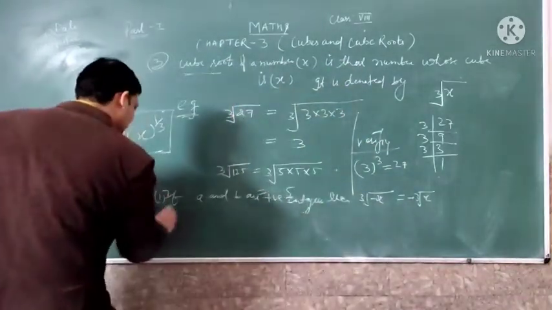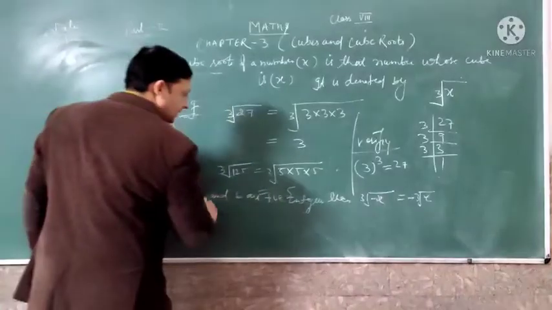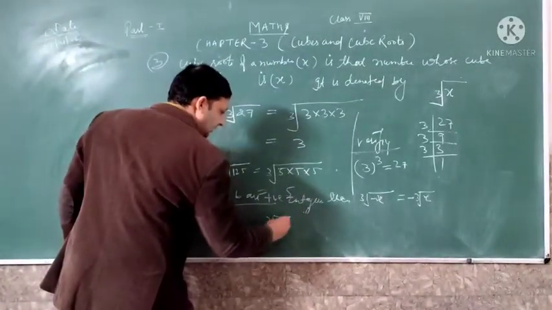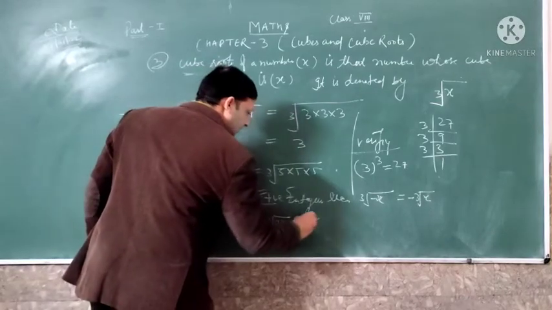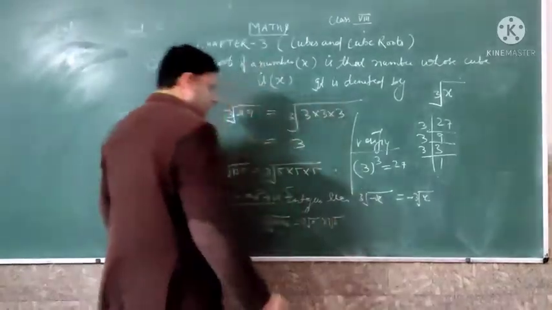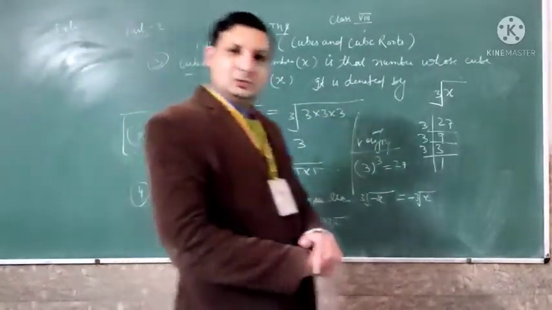Second, if a and b are positive integers, then the cube root of a into b we can write individually as cube root of a and cube root of b. The same we can write for division also.